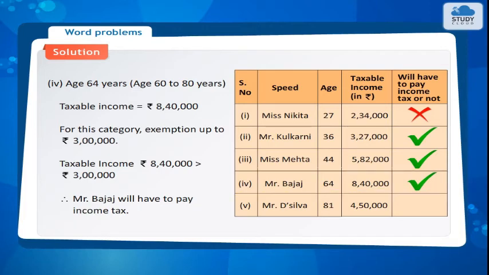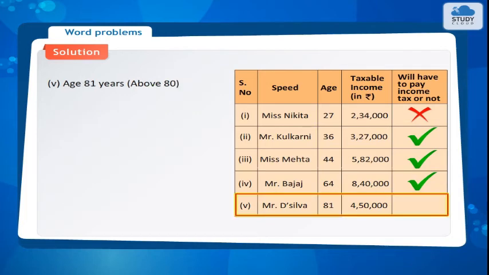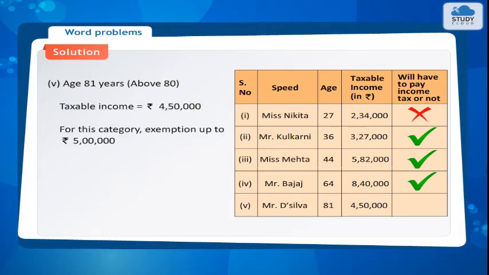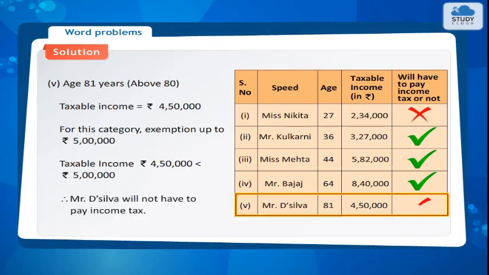Therefore, Mr. Bajaj will have to pay income tax. 5. Age 81 years, above 80. Taxable income rupees 4,50,000. For this category, exemption up to rupees 5 lakhs. Taxable income rupees 4,50,000 is less than rupees 5 lakhs. Therefore, Mr. De Silva will not have to pay income tax.